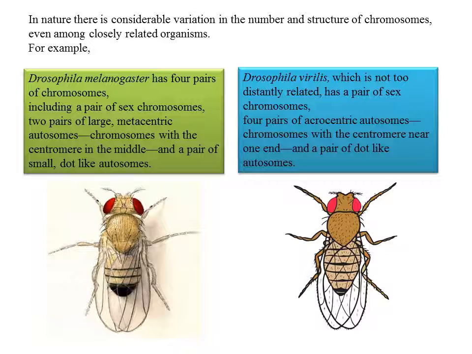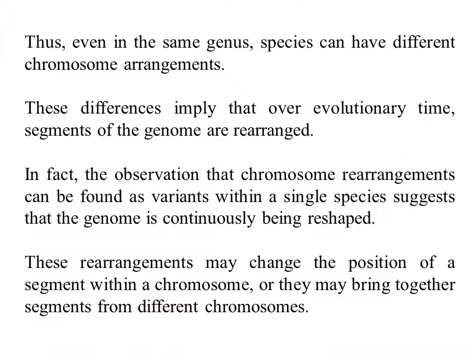Then if we try to think why such variation is required, does it really require variation? The answer is yes. Even in the same genus, different species can have different chromosomal arrangements.